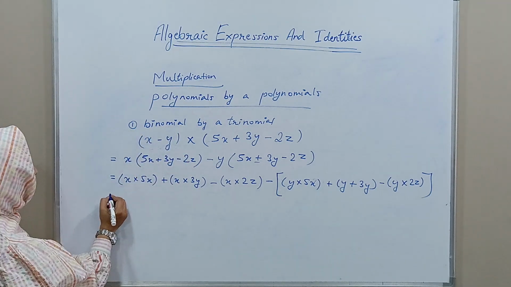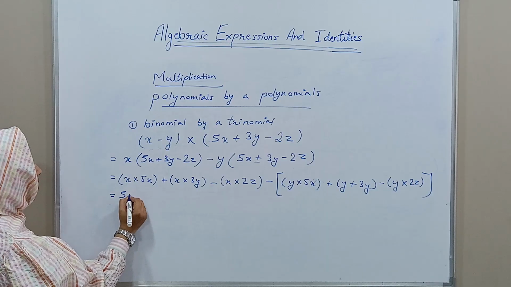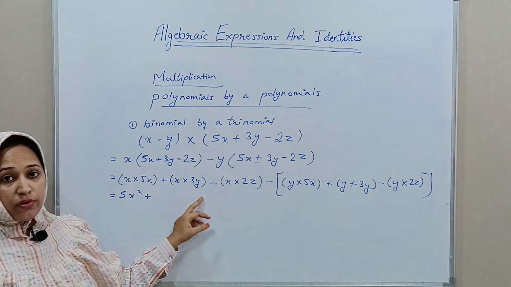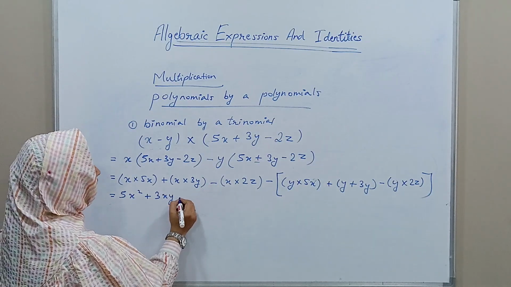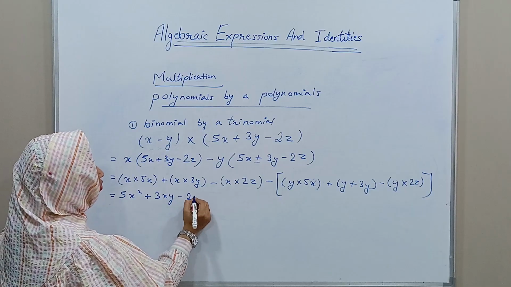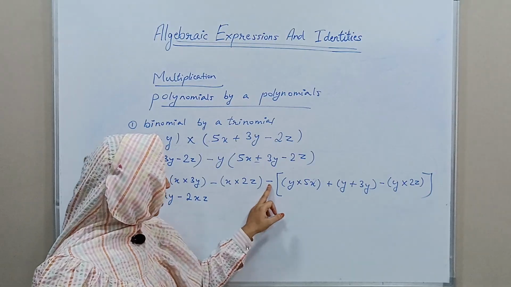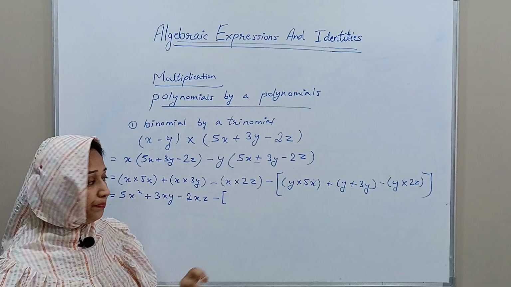Now start with here, x into 5x is 5x square, then plus sign, then x into 3y is 3xy, then we have a minus sign, so minus 2xz. We completed till here. Then we have a minus sign and a square bracket. Let us put the square bracket.